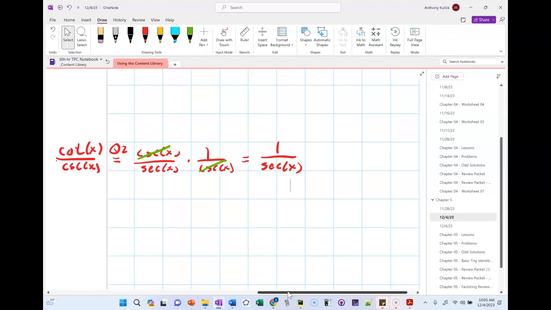Okay, so you just need to be looking at your identity sheet right now. Just look at your identities, because at this point there's no algebra to do, right? Can I get a hint on what I'm looking for? Yeah, start there. If I look at this, I see everything is to the first power, and there's no addition or subtraction. So I'm going to be looking at just the reciprocal or quotient identities. Now, secant is not the start of any of the quotient identities, right? Those start either tan equals or cotangent equals, so those are out.